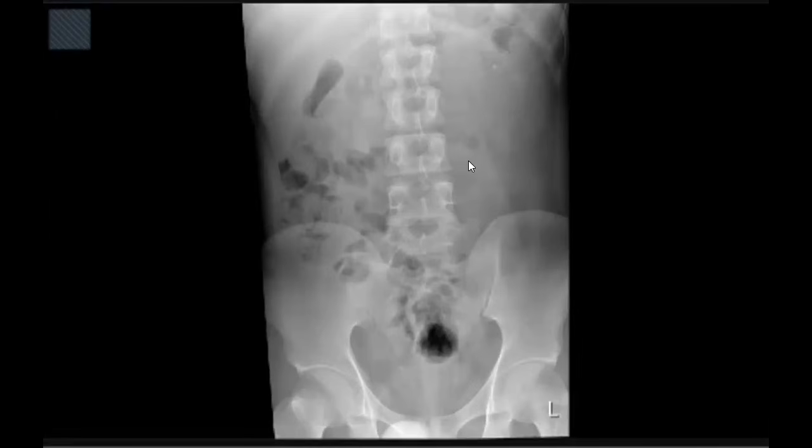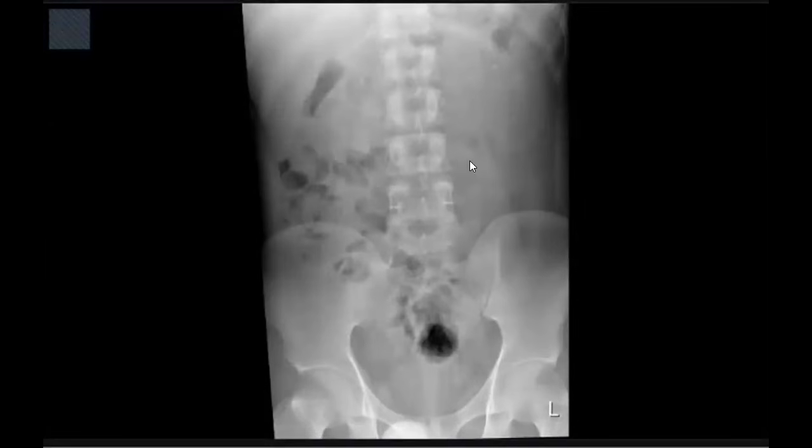The psoas muscle appears intact, however, I cannot appreciate the psoas shadow due to projection of the overlying bowel. Apart from this, I'm trying to look for any other significant abnormality.